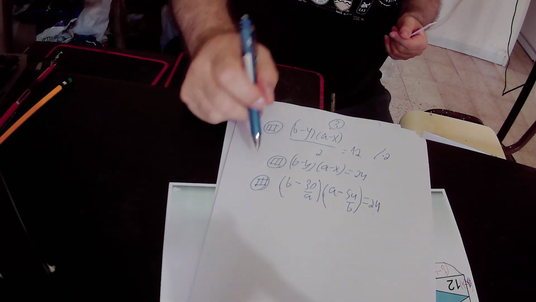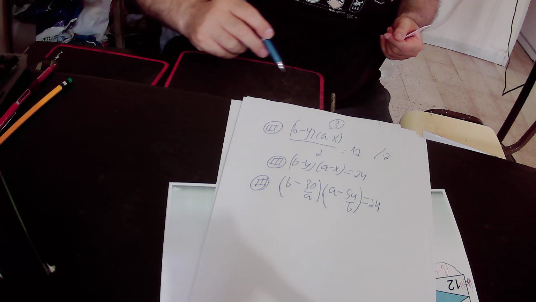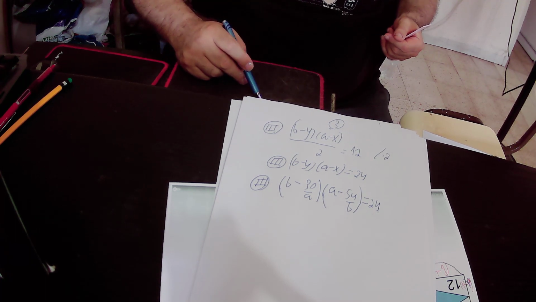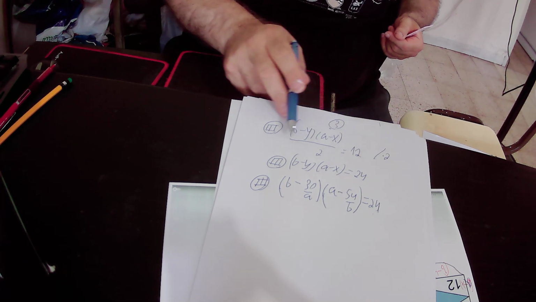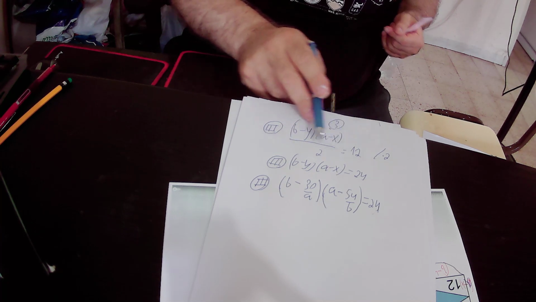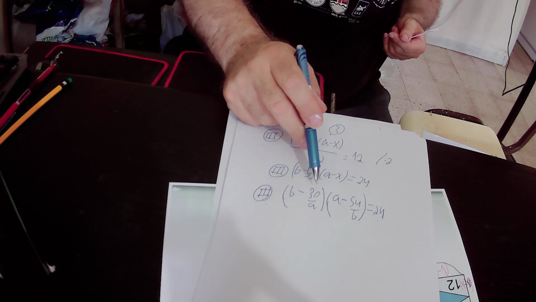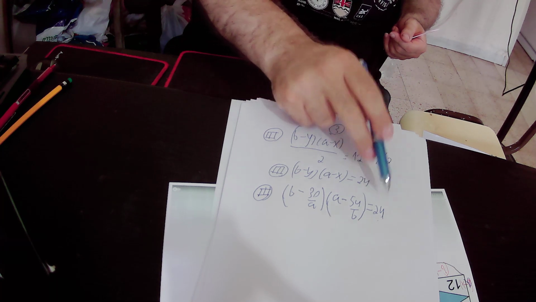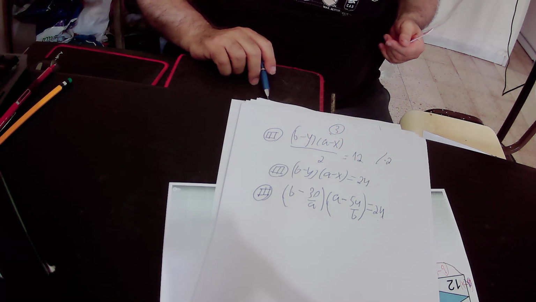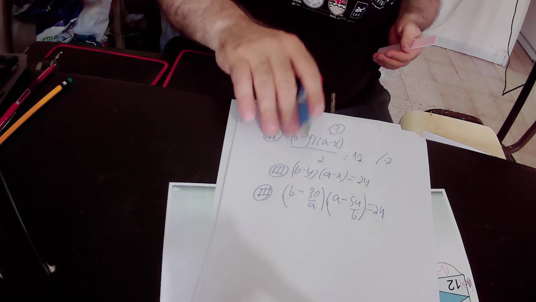We substituted y by 30 over a and x by 54 over b. Okay, the other things are the same, so it is b minus 30 over a times a minus 54 over b equals 24. Okay, now we can open the brackets on this side of the equation.